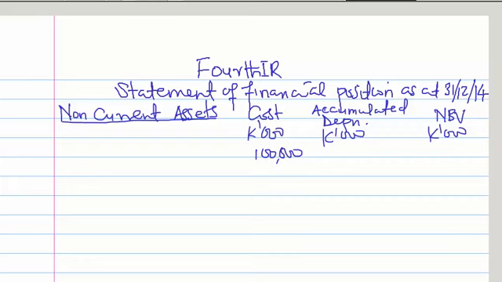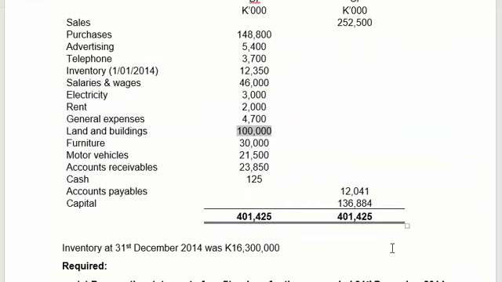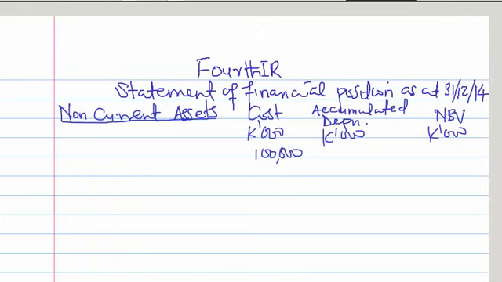I've already read through the question and we were not given any information about depreciation, so we can presume there's no depreciation, so this will be 0. If you subtract this and that, you get 100 million kwacha.